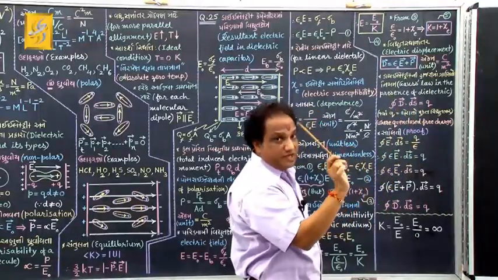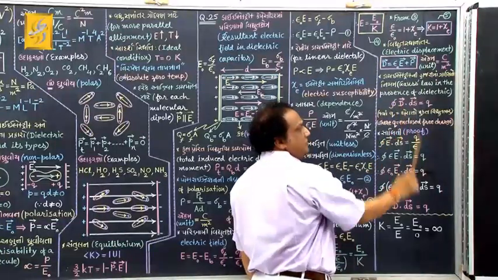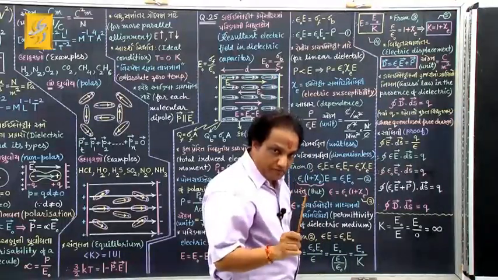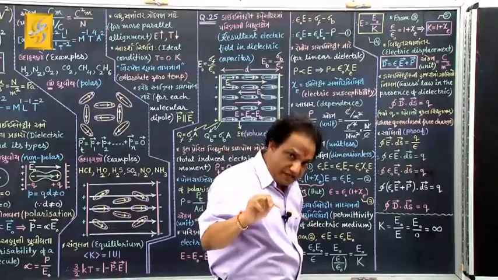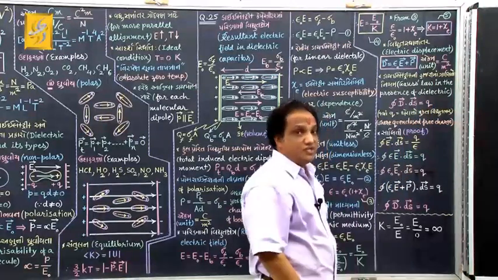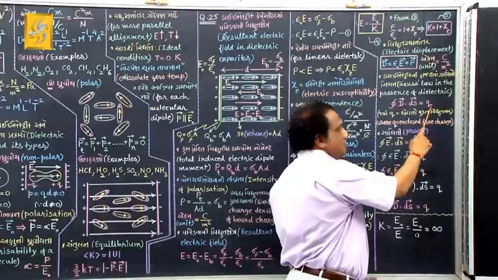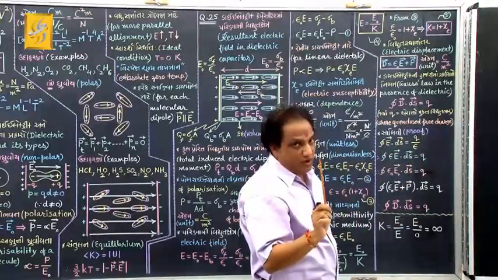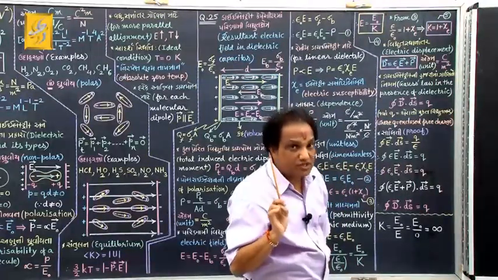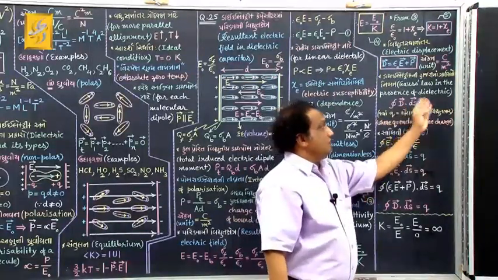I am just speaking the statement. The closed surface integration of the electric displacement vector function, taken over the closed surface inside the dielectric medium, is equal to the amount of free charge enclosed by that closed surface. Remember, here Q is not the bound charge, it is the free charge, but certainly it should be enclosed by the considered closed surface. Okay?